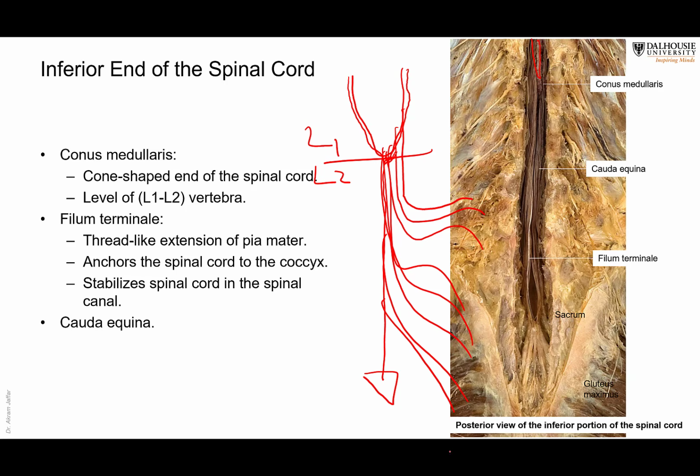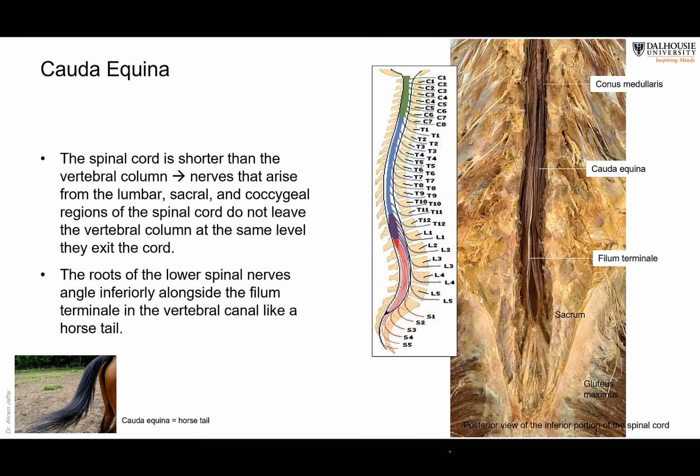So these roots of the spinal nerves continue down until they reach their corresponding foramina, from which they leave the vertebral canal. So we will get a bundle, a tuft of these roots of spinal nerves below the level of L1, L2, called the cauda equina. It looks like a horse tail. There's no spinal cord.